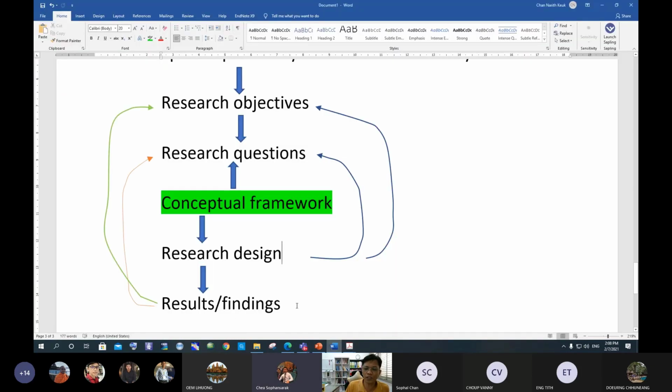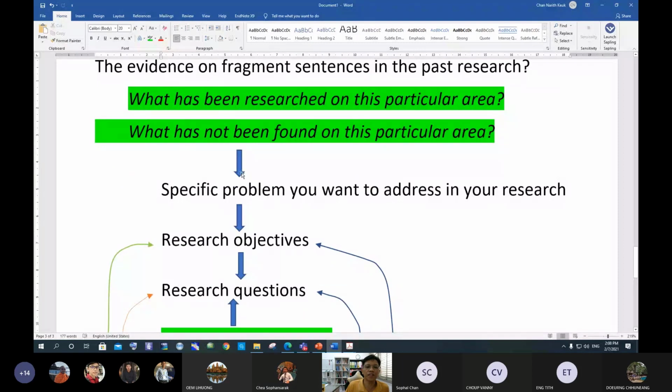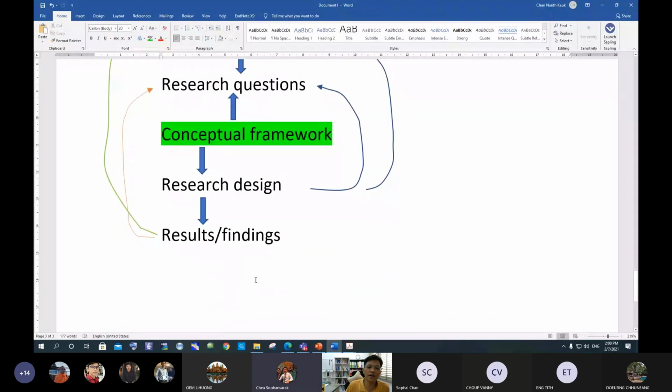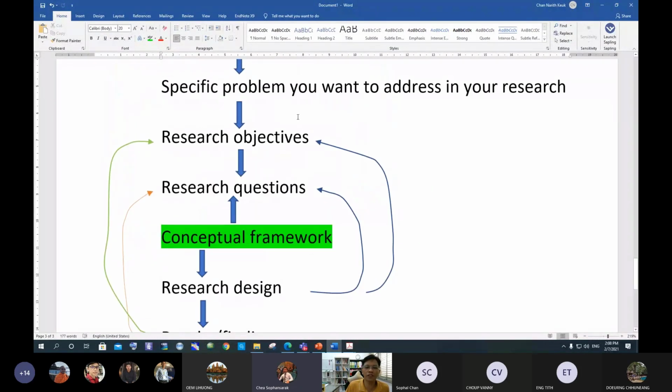That's why we draw the arrow here. If they don't align, we don't have the arrow here. So at the end of the day, after you complete your research, everything must be about one thing.